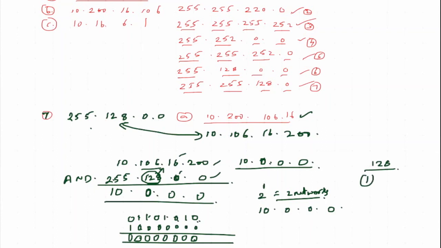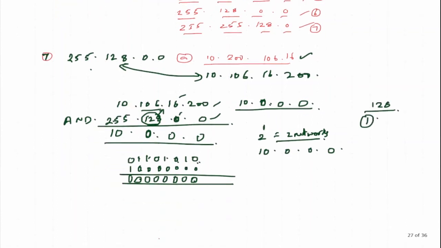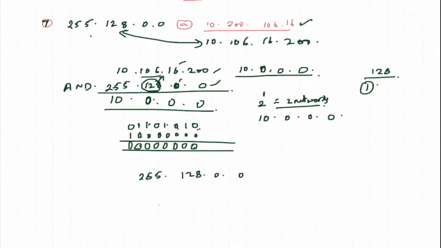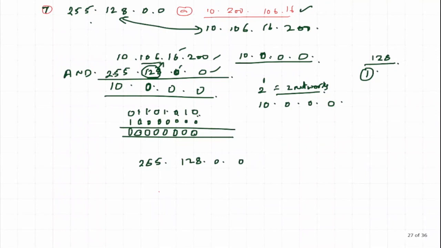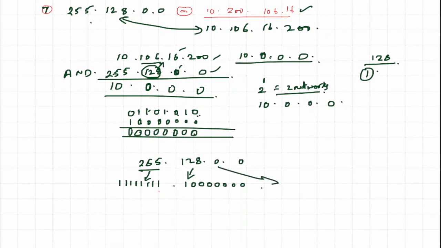So 128 is nothing but 1. 255.128.0.0 can be written with 255 the same here, and 128 is written as 1 0 0 0 0 0 0 0, and the remaining are all zeros.